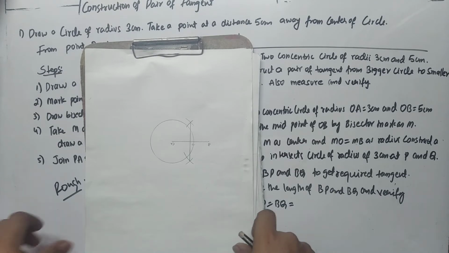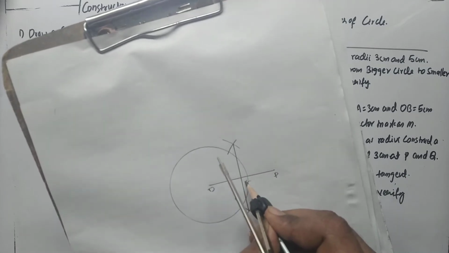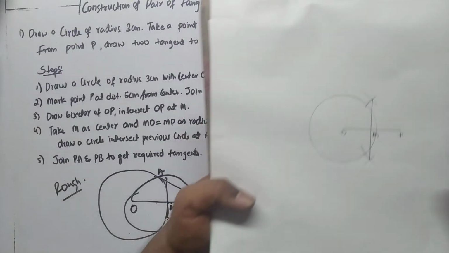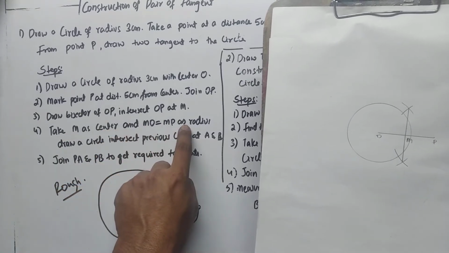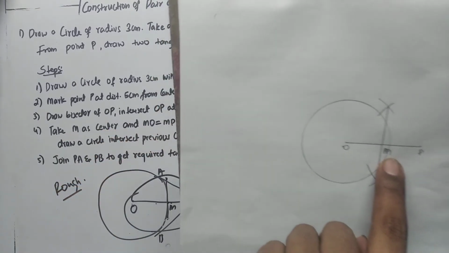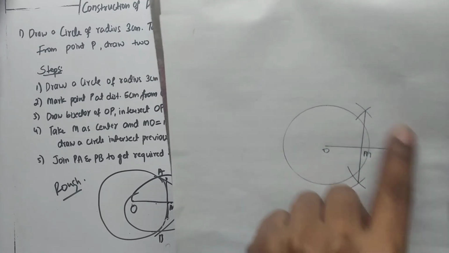As we got the bisector of OP, we mark it as M. Next, take M as center and MO or MP as radius, and draw a circle.